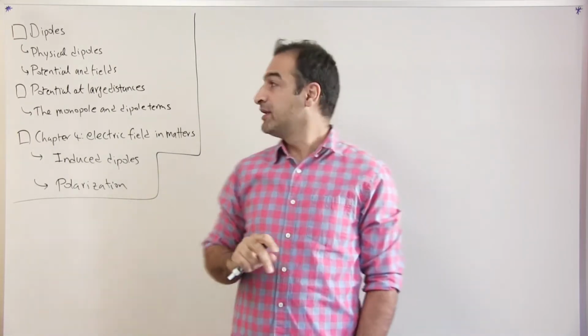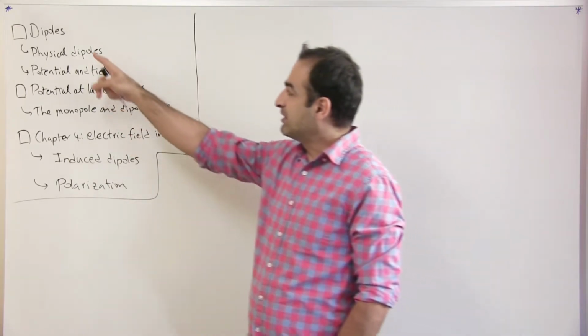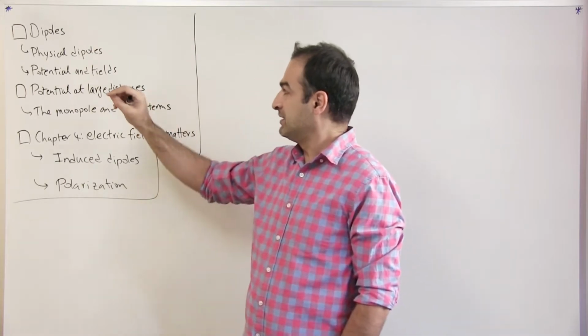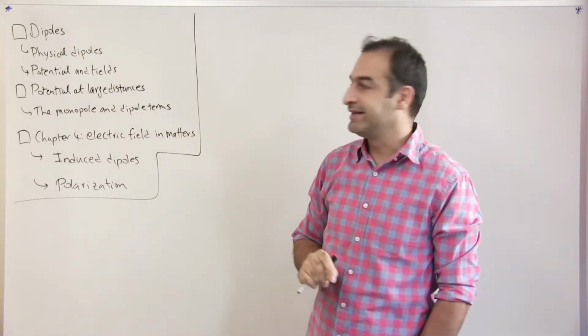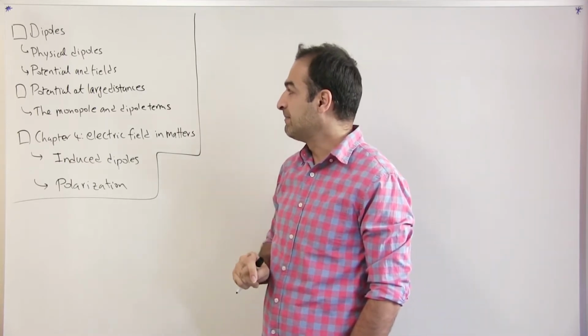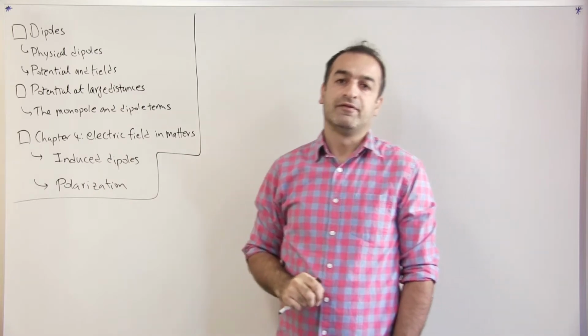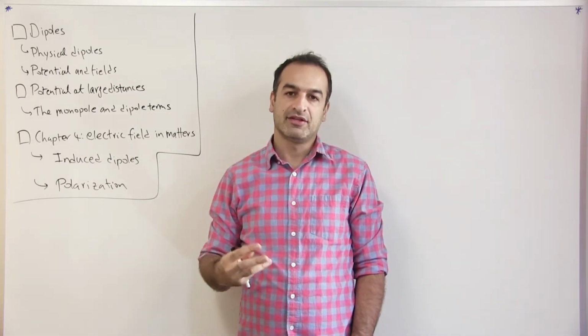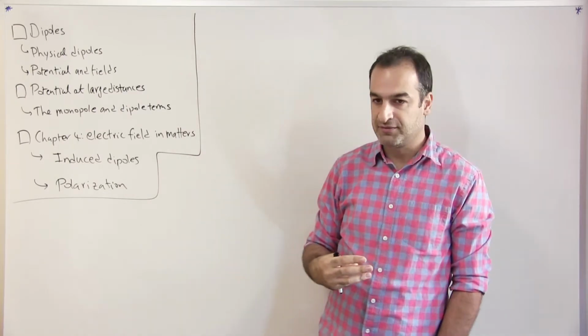So what I'm going to do today, I'm going to continue chapter 3. I'm going to talk about dipoles, physical dipoles, and calculate the electric potential and electric fields of a dipole. And then we're going to look at how we can approximate the potential at large distances created by a random distribution of charges.